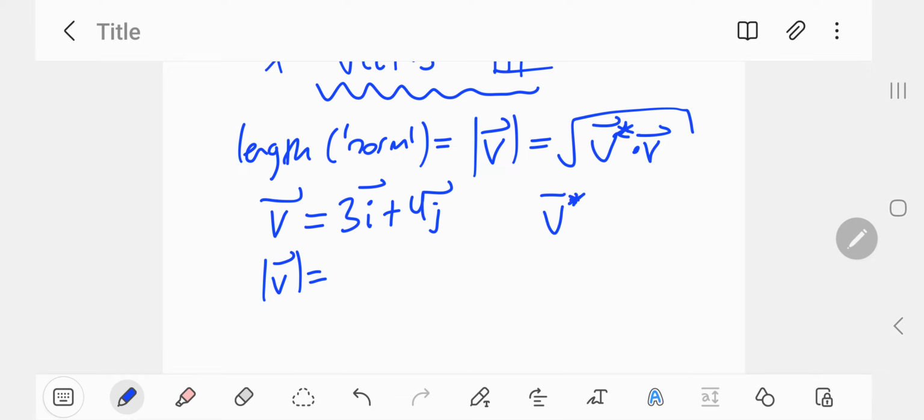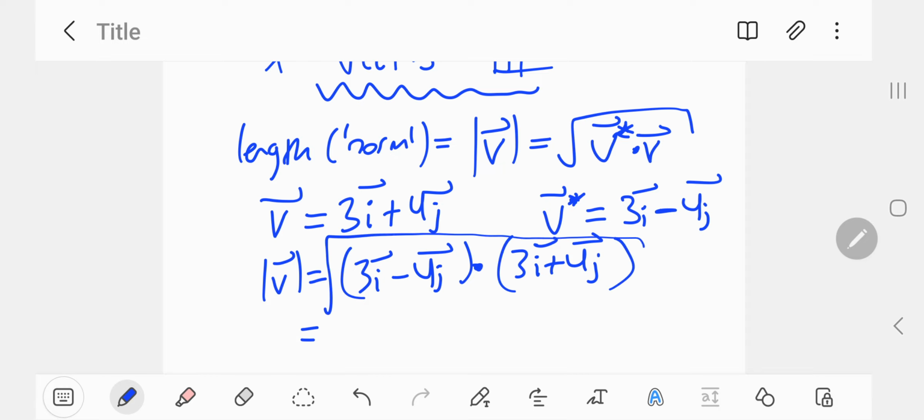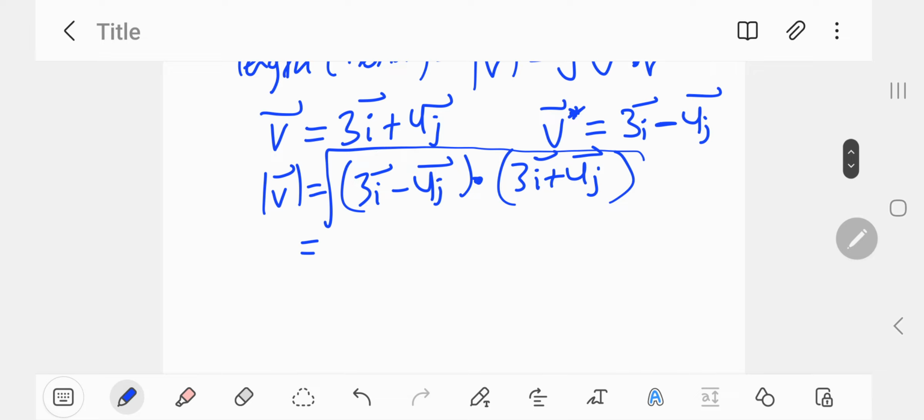Now v asterisk is just the negative, the reverse, if you wish, of the original vector. Let's take the dot product, that's what the dot here means, with the original vector. We'll take the square root after, so we'll take the dot product first.